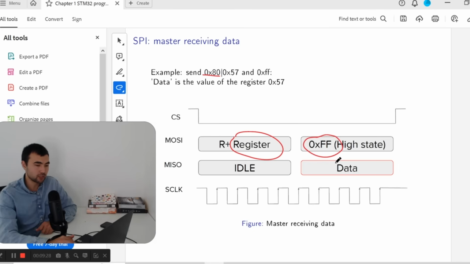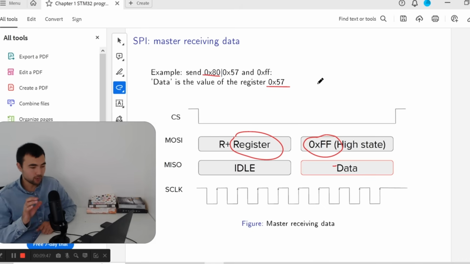This data is the value of the register with address 0x57. So this is how the SPI interface operates.